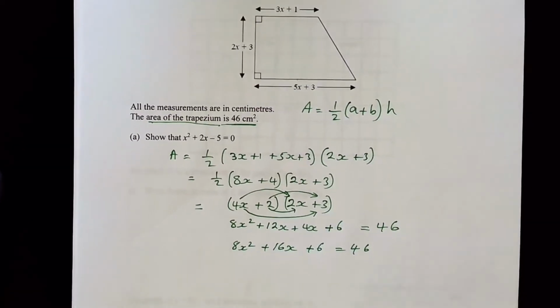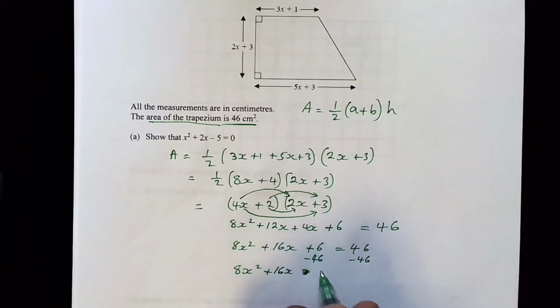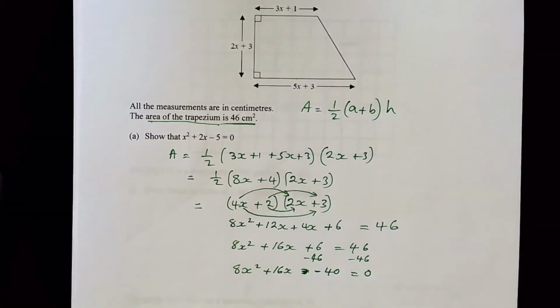Now I'm going to bring the 46 to this side, so take away 46 from both sides. 8x squared plus 16x plus 6 minus 46 gives you minus 40, and now that equals 0.